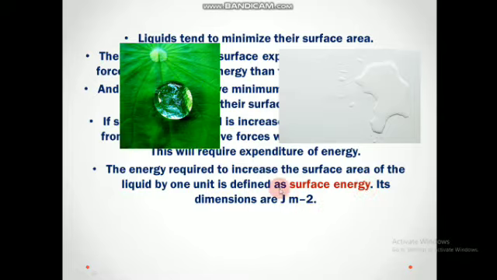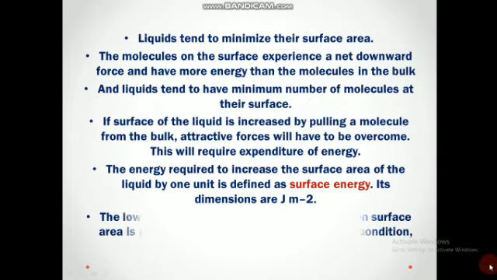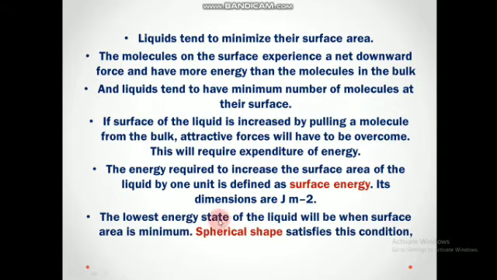So however many joules we need to increase the surface area by 1 unit is known as the surface energy. The lowest energy state of a liquid is when the surface area is minimum. We said more energy is needed to increase the surface area, so when surface area is more, energy will also be more. Everything in nature tries to decrease its energy.